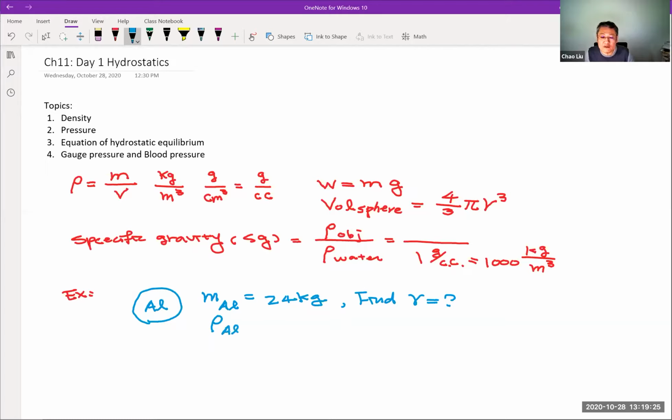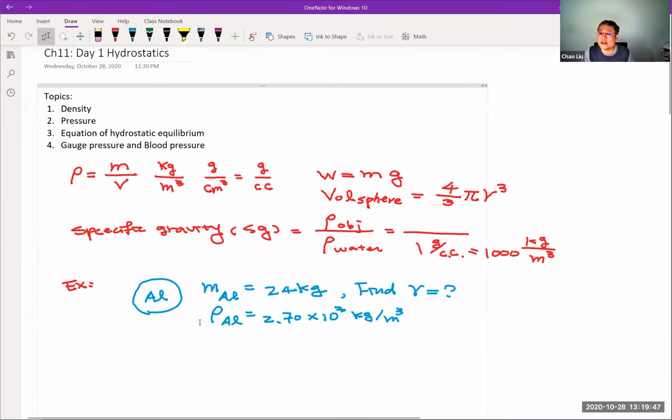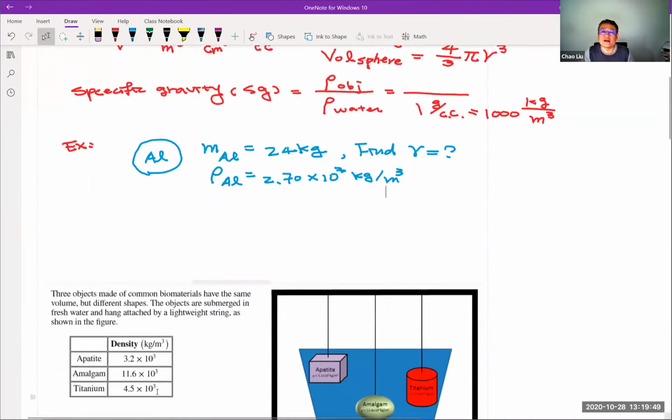We are given the density of the aluminum equal to 2.70 times 10 to the third kg per meter cubed. Okay, so this is the density of the aluminum. Then how do we find the radius from this? So how do we start?